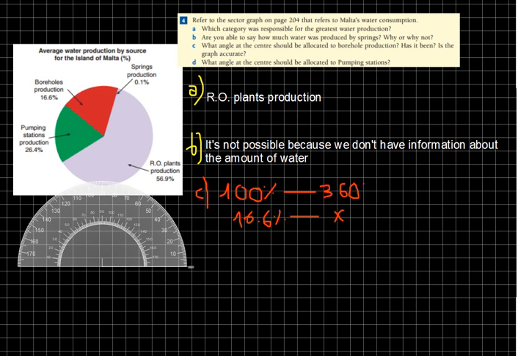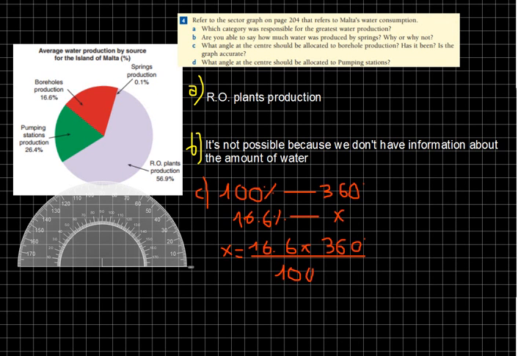We don't know how many degrees that is going to be. So we have to solve that, and in this case we must do this: 16.6 multiplied by 360, and all of that divided by 100.